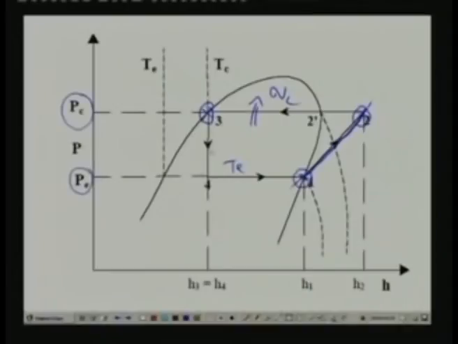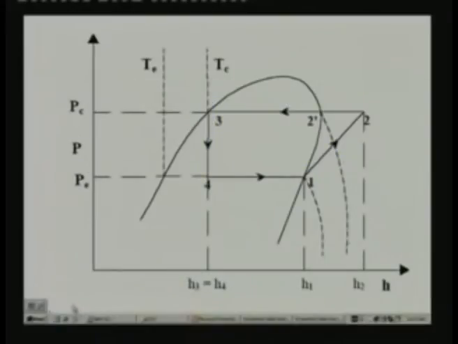During this process pressure drops from PC to PE and the enthalpy remains constant. So this process is a vertical line on the pH diagram. Finally, the evaporation process, the heat extraction process, is isobaric, so it is a horizontal line on the pH diagram. So process 4 to 1 is given by this horizontal line. Finally you find that the vapor compression cycle takes this shape 1, 2, 3, 4.